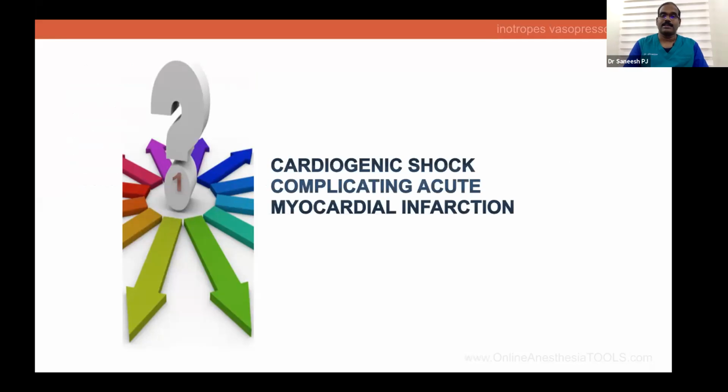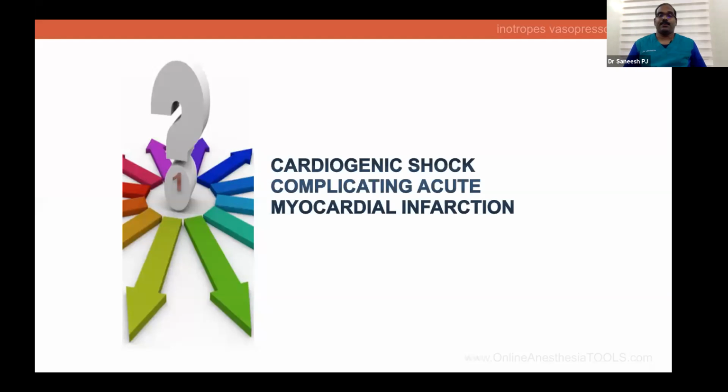But here, for understanding purposes, initially I have selected 3 or 4 scenarios, and I will explain how we take a decision or what is the recommended choice of inotrope or vasopressor, so that you will be groomed into that decision-making mode. And once that is done, we go into the actual and entertaining part of today's discussion, that is simulation-based practice of our decision making.